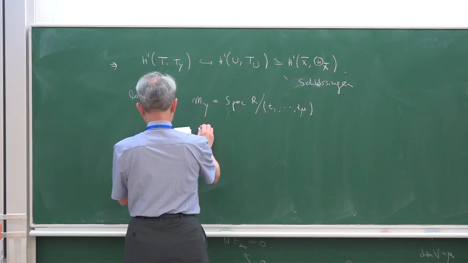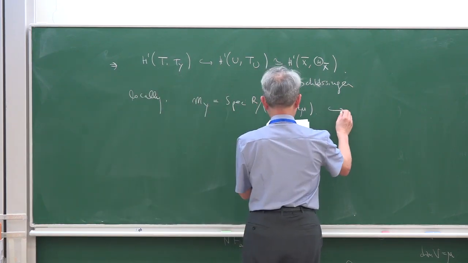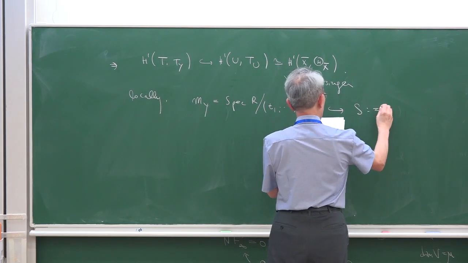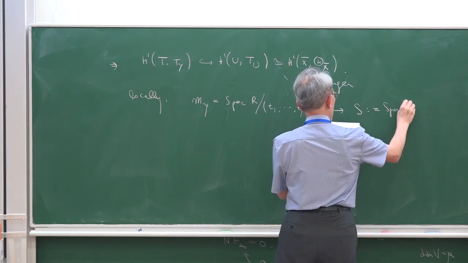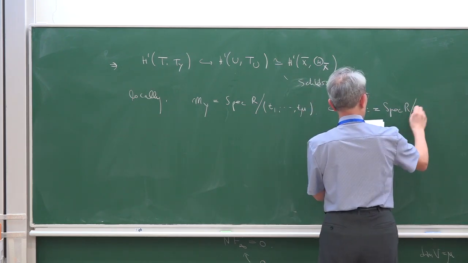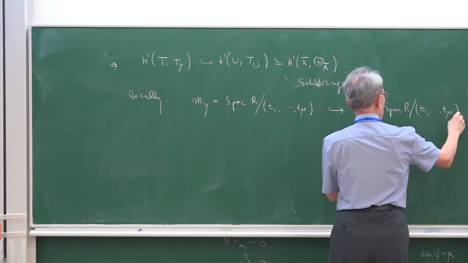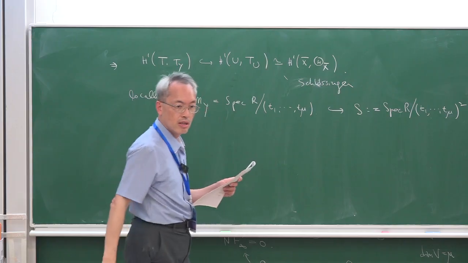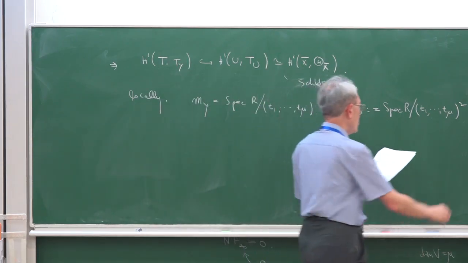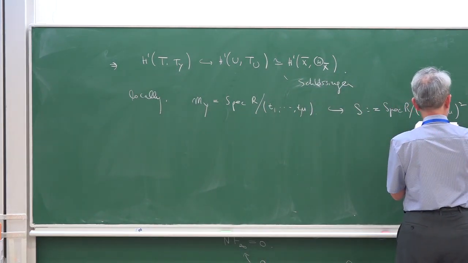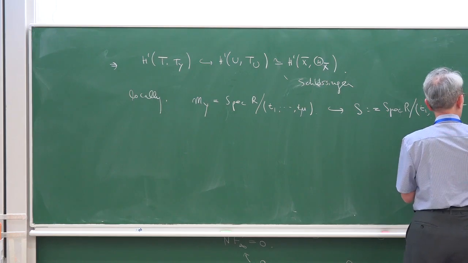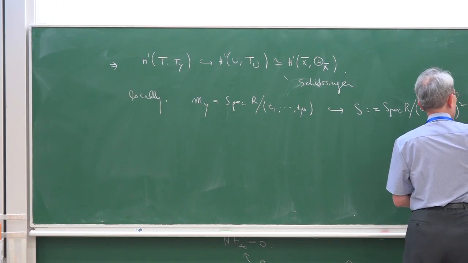And this is embedded in S, which is defined to be Spec of R quotient by P_1 to P_mu by the Taylor square. And this is embedded into M_S bar, which is Spec R. That's my definition of R.